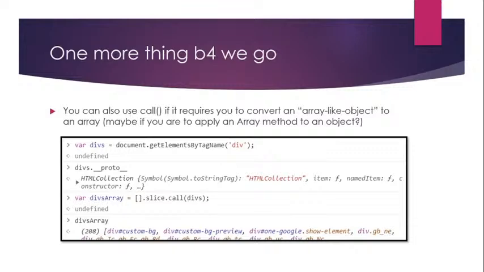Okay, but I also stated that in the next tutorial I'm going to talk about a technique with which you can use for each, by converting this particular HTML collection to a proper array. And how do we do that?